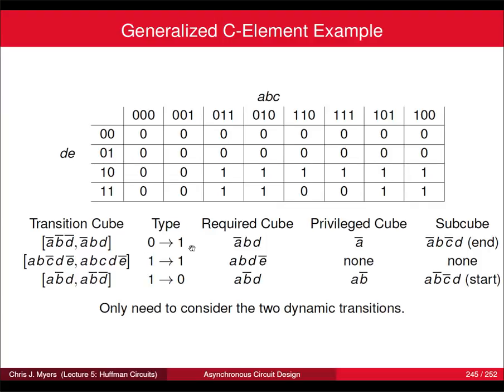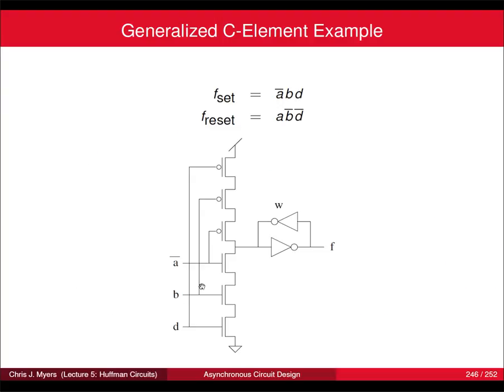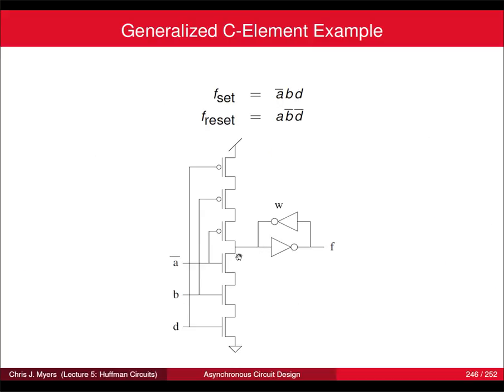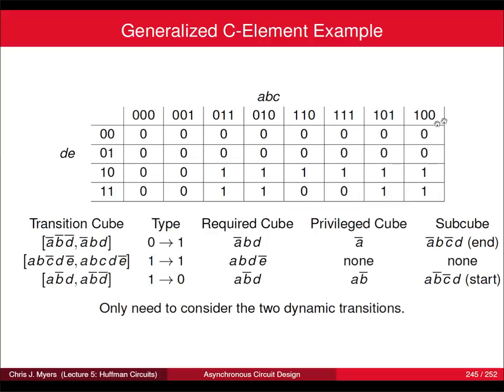So this one is going to be part of the set function, and this one's going to be part of the reset function. So you can see that A prime BD, which is the required cube here, is actually implemented as my set, A prime BD. Now the reset is going to be A not B not D, and that's those four right there.